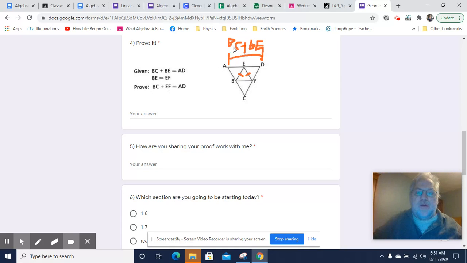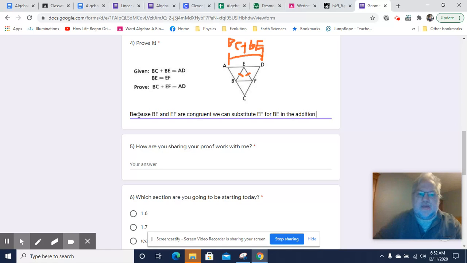We know that BC plus BE equals AD. So we're going to use substitution on this one. Because BE and EF are congruent, we can substitute EF for BE in the addition equation.